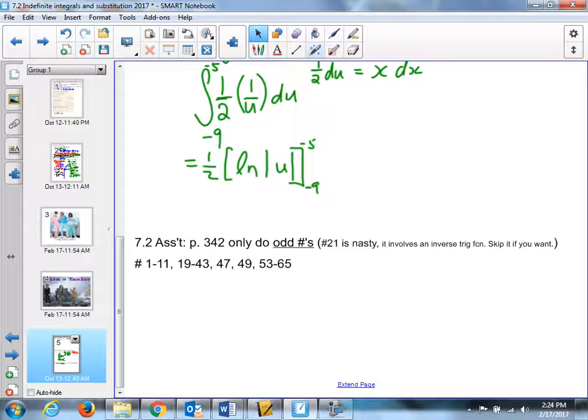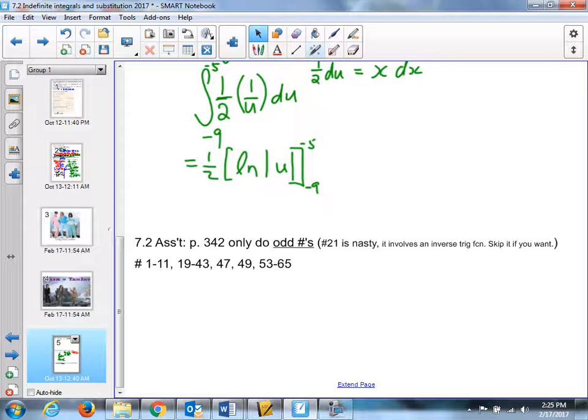Does that make sense? Now guess what? When you were doing indefinite integrals, your next step would have been to sub back in for your x, or your u value equals x squared minus 9. We don't have to here because we can just plug in -9 or -5 and come up with the answer. Does that make some sense to you?